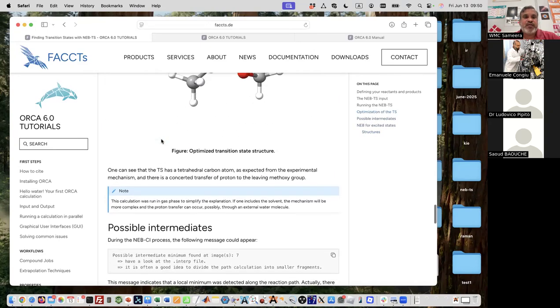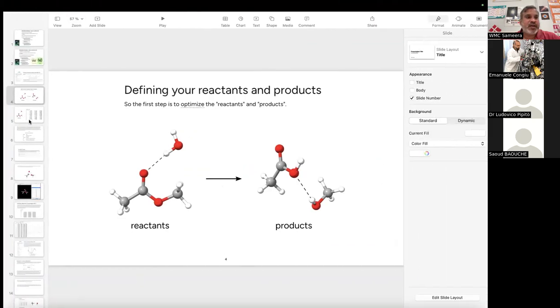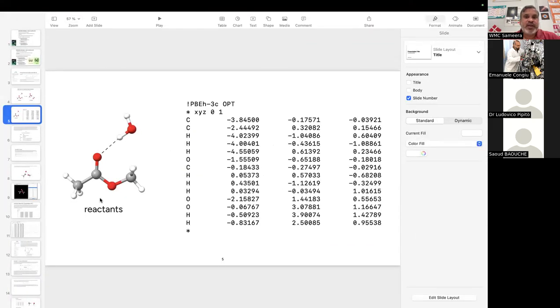Now the input file, I want to tell you a little bit about the input file. The input file is something like this. Your first step would be to optimize the reactant complex here. If you optimize, you can get a better structure, but you can of course use the current structure, it doesn't matter.